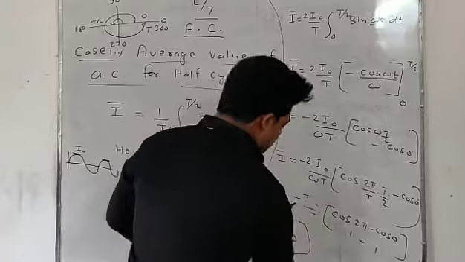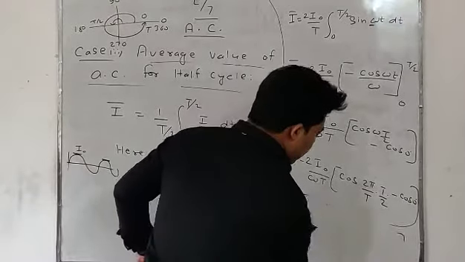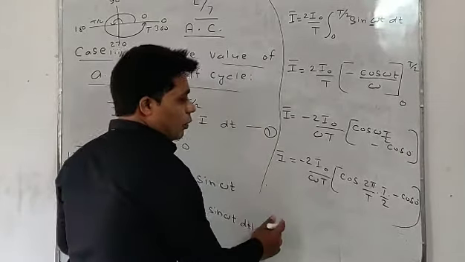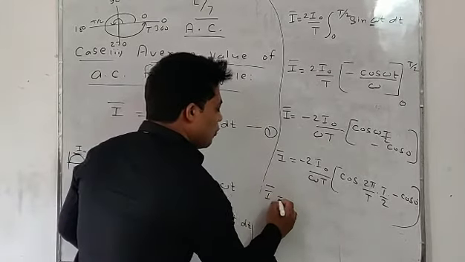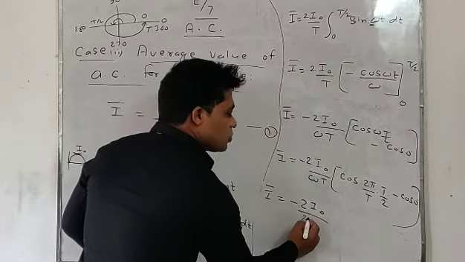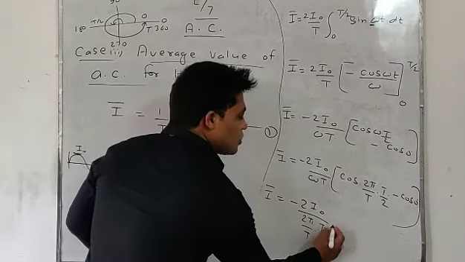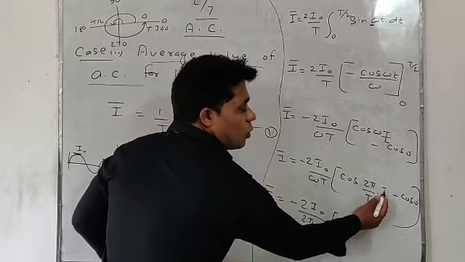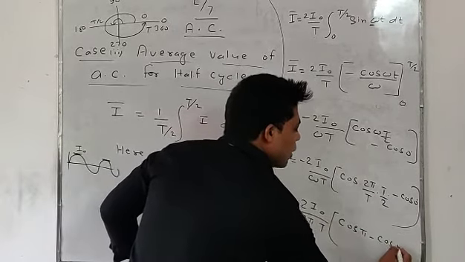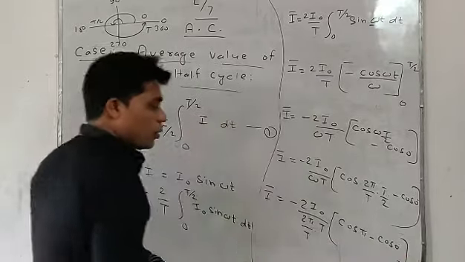Now, students, only the final step will change. I bar equals minus 2 I naught by omega T, where this omega is also written as 2 pi by T, and this is T. T and T cancel out, 2 and 2 cancel out. That is cos pi minus cos 0.